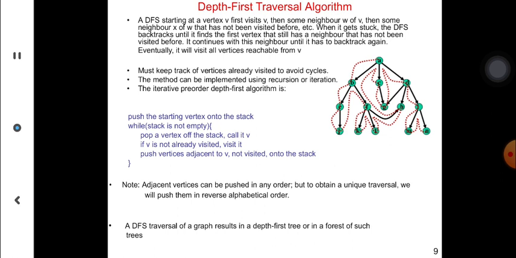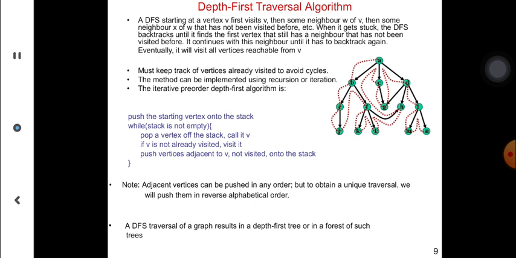A depth first traversal starts at a vertex V. When you start with the first vertex, then some neighbor W of that V, you need to look at the neighbor vertex, and then some neighbors of W, and that covers all aspects of the tree. So you start with the vertex, go into the neighbor, and keep going.